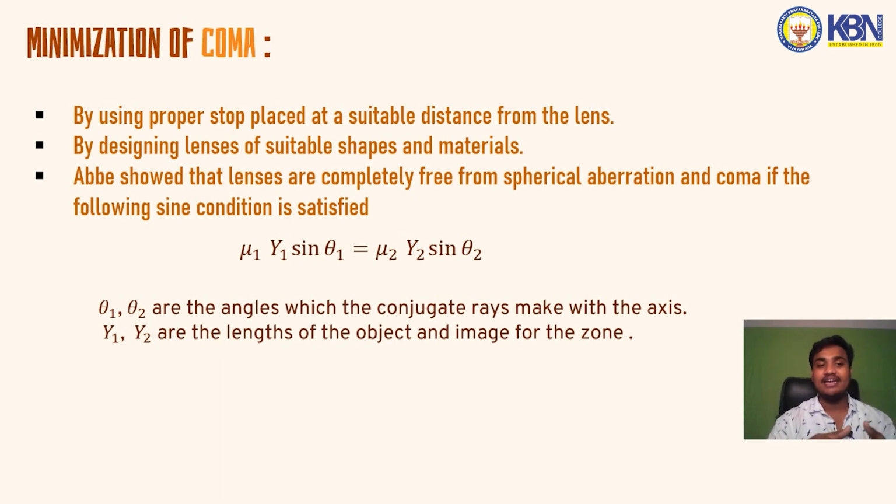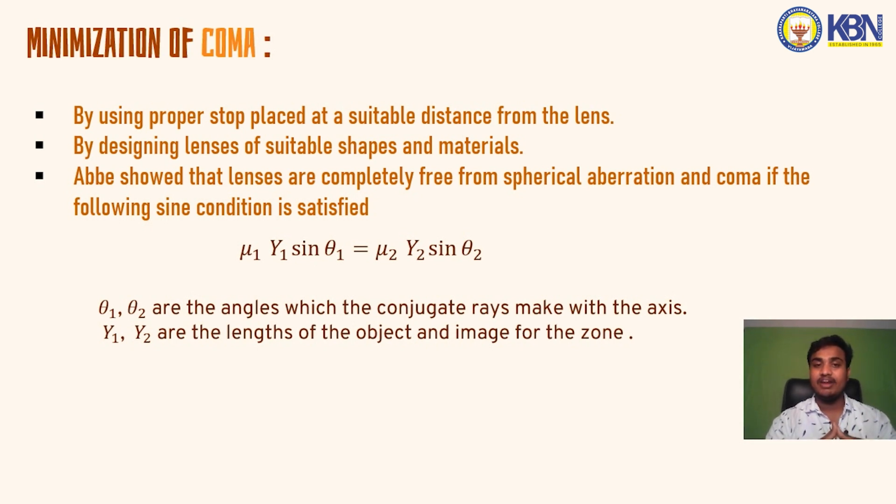And Abbe is a scientist. Abbe showed that lenses are completely free from spherical aberration and coma if the following sine condition is satisfied. If you follow this condition, the formed images will be free from spherical aberration and coma.